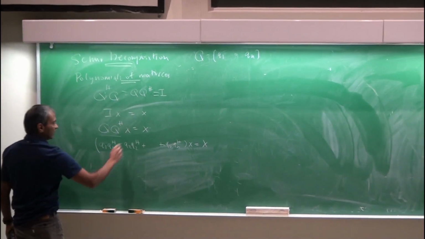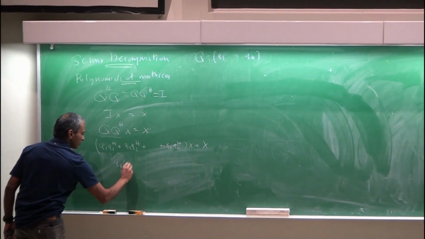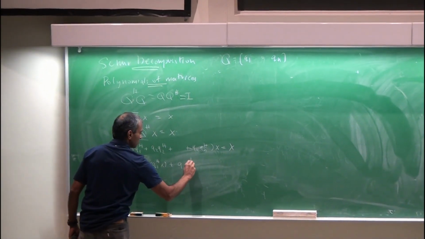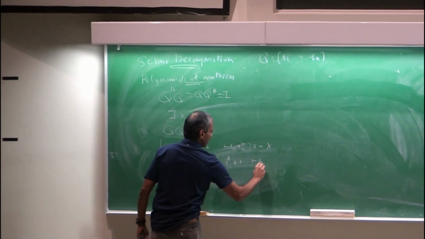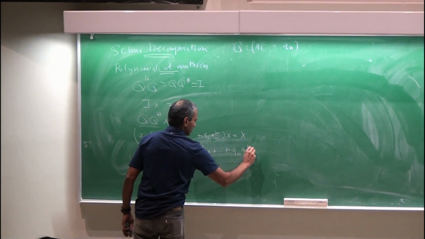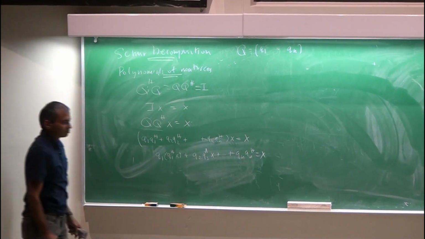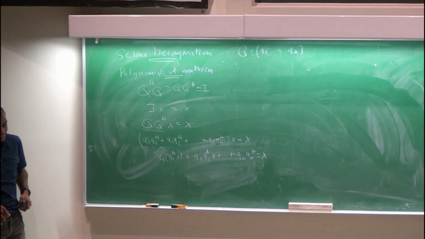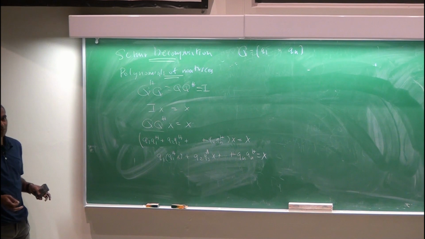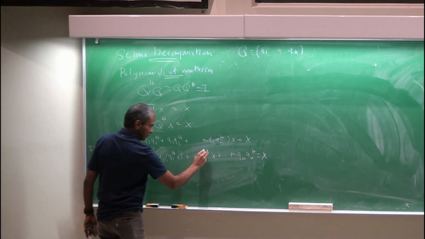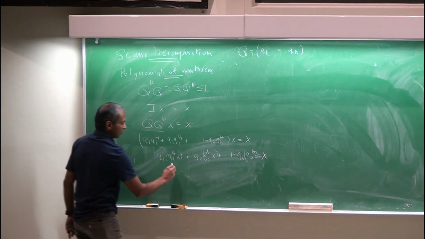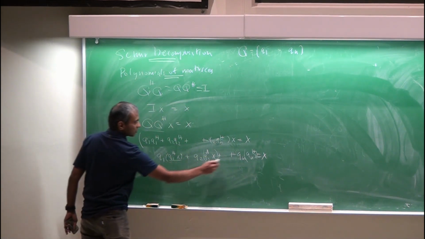So we can bring the x in and write this as Q1 Q1^H x plus Q2 Q2^H x, like that, all the way up to Qn Qn^H x. Of course, it's a tautology, just saying x equals x. But the way we read it is that these numbers are just scalars, and these are the columns Q1 through Qn.